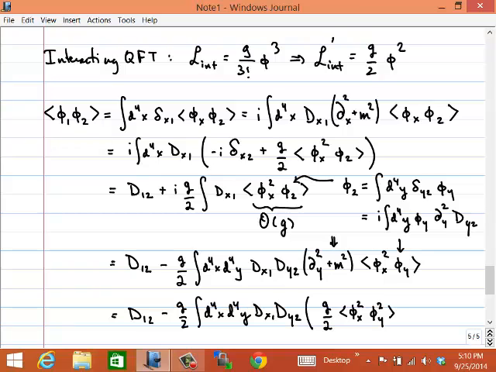You'll get a delta function which sets y equal to x, and you'll get two of them because we have a phi x times a phi x times a phi y, and the phi y can contract with either of those phi x's. So you get a minus 2i times a delta of xy times the expectation value of phi x.